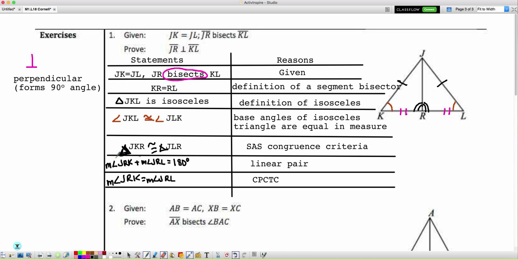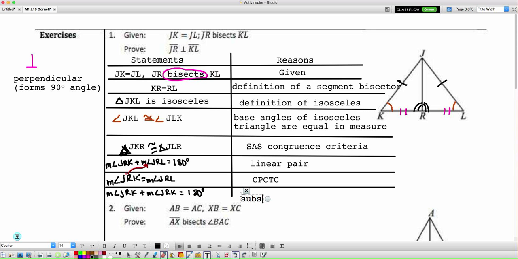And so the reason I would do that is because now I can take this and I can substitute it in to this place, right? Because I know that that's equal to JRL. So I'm going to write my new equation out. I'm going to say that the measure of JRK plus, substituting that in here, would give me another JRK equals 180. And my reason is substitution.